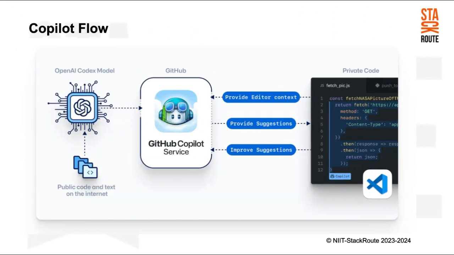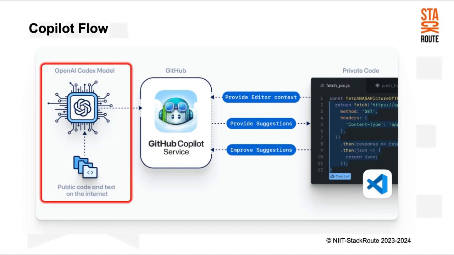And continuing forward, on the right hand side, if you look, there is a JS file, maybe created in Visual Studio Code, as you can see from the icon. Here we are providing the editor context, like the file name and the pattern of writing the code. It reaches GitHub Copilot, and GitHub Copilot uses the OpenAI Codex model to provide you suggestions.